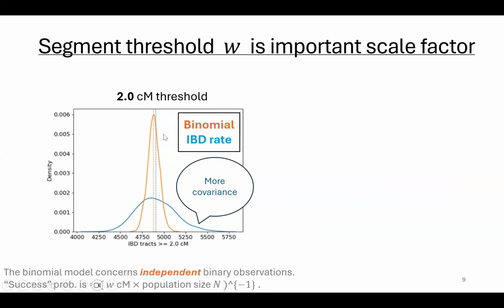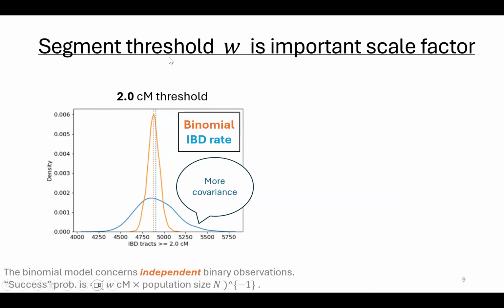And so that's the success probability I simulated under. When we look at the differences between the binomial model and the IBD rate distribution, what's immediately obvious is that this IBD rate distribution has more covariance than its independent analog, the binomial.